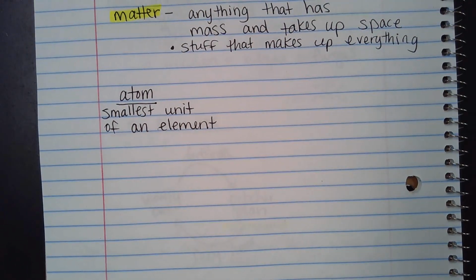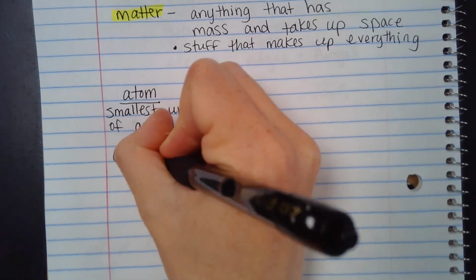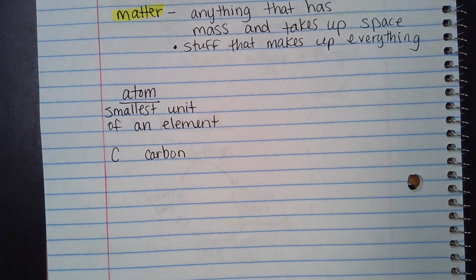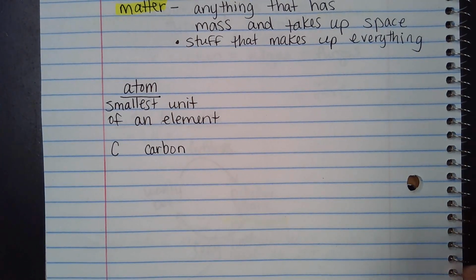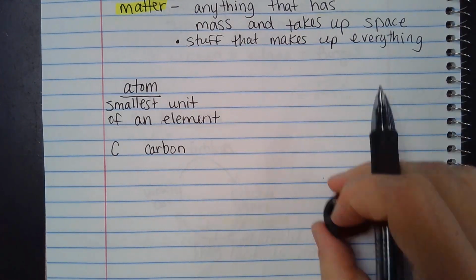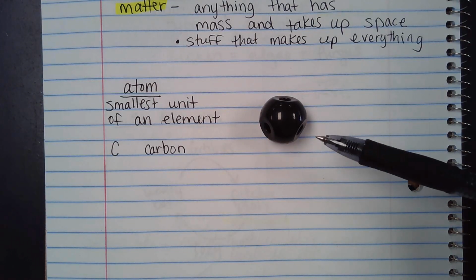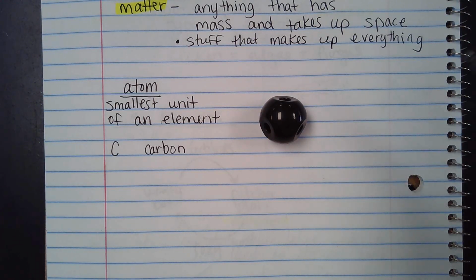The atoms that you need to know, we're going to write C is the symbol for carbon. Okay, so carbon is an atom, and we use a black sphere to represent a carbon atom. Okay?